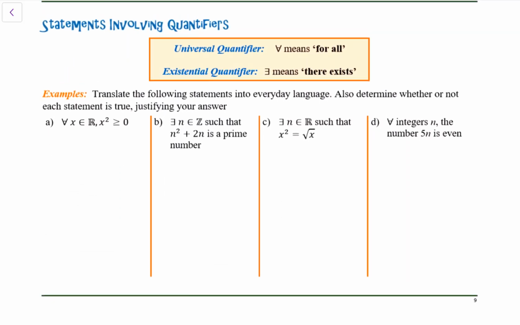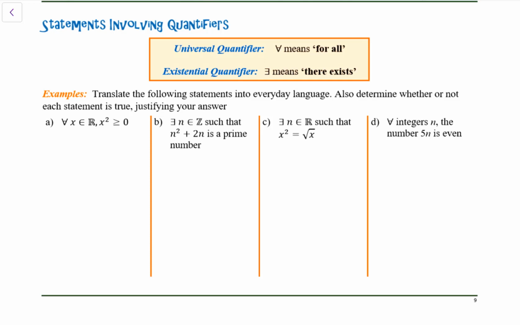Looking at statements involving quantifiers, the universal quantifier, the upside down A, means for all. The existential quantifier, a backwards E, means there exists. So examples: translate the following statements into everyday language.